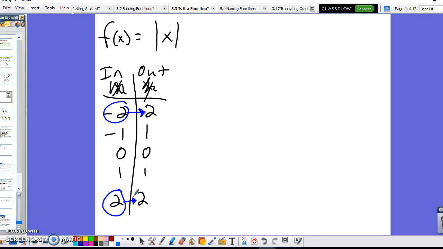Now, is there an output such as 2 that has multiple inputs that lead there? Yes, that is the case. But we don't care about how many different ways I get to a specific output. I just care that each input only has one output. So this here is definitely a function.